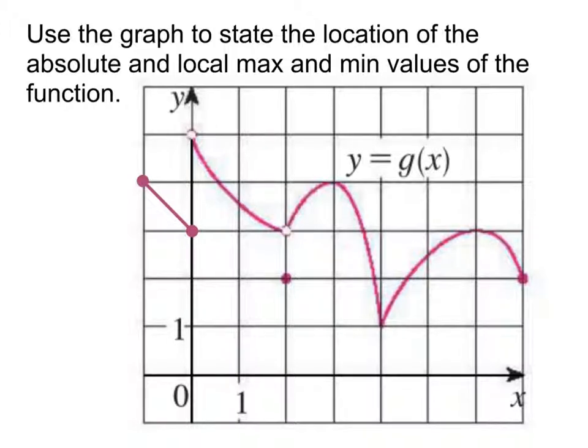What about this point? Wait, no, it's not, because it's an open circle. Oh, now things get tricky. Remember in our definition, we'd be saying f of c. Well, in this case, c is 0. F of 0 here is actually going to be 3.